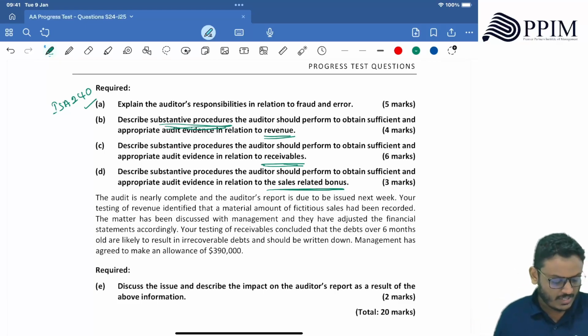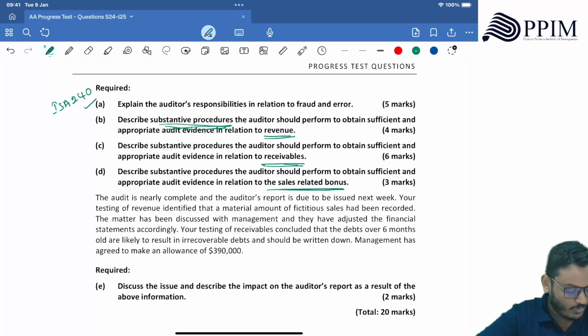Simply, we can take the bonus calculation from the client and agree it to the revenue figure in order to ensure accuracy. Also, we can agree the sales bonus percentage to board minutes to confirm it is approved at board level, and recalculate the sales related bonus to confirm arithmetical accuracy.